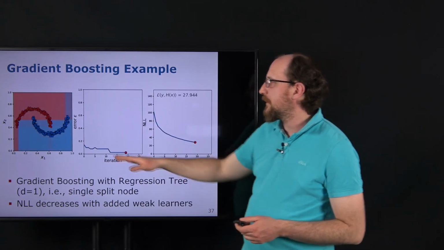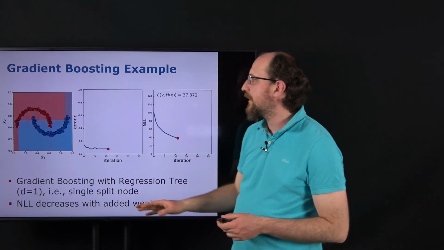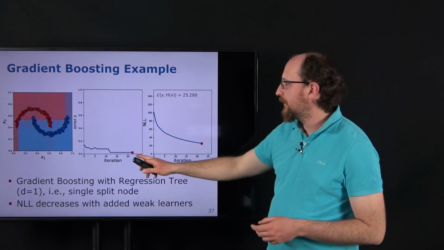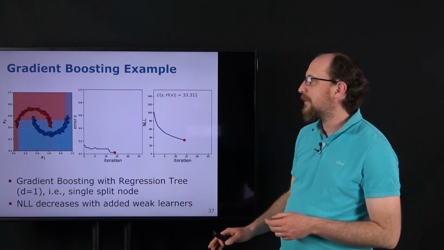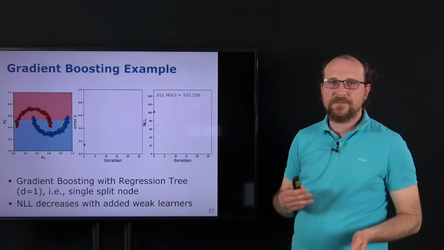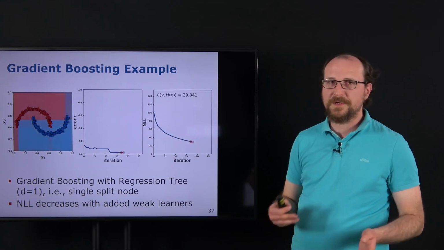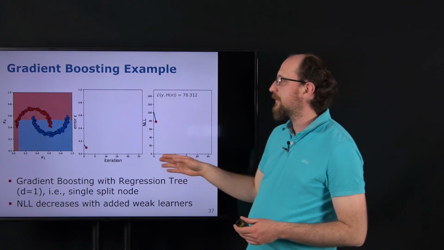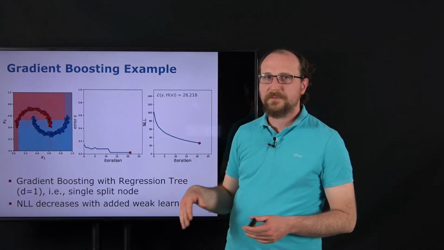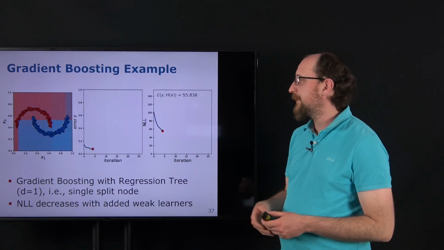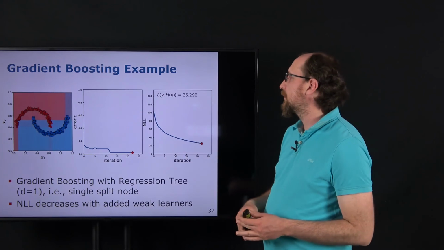It also finds the splits in the right way and decreases the errors. It's not reaching 0 in the end. Maybe a regression tree with just one split is not enough to get a good estimate of the gradient. But still, with this very simple regression model that approximates how to change this ensemble, we get a good result in the end.